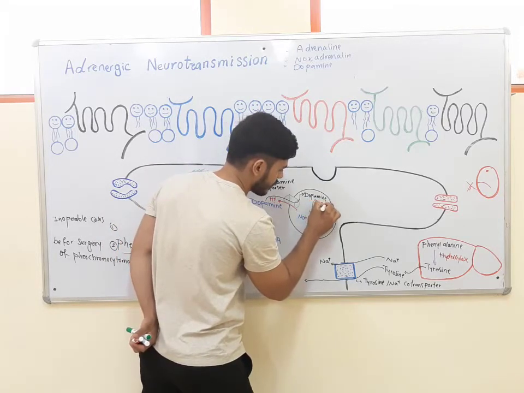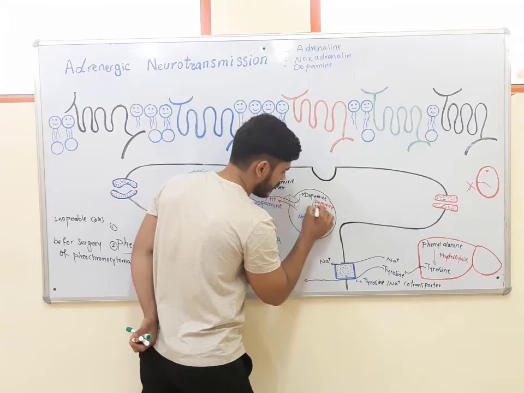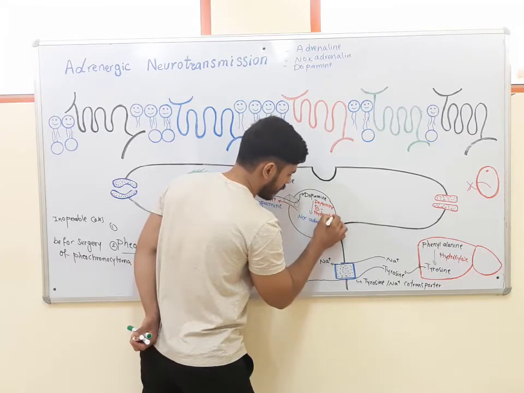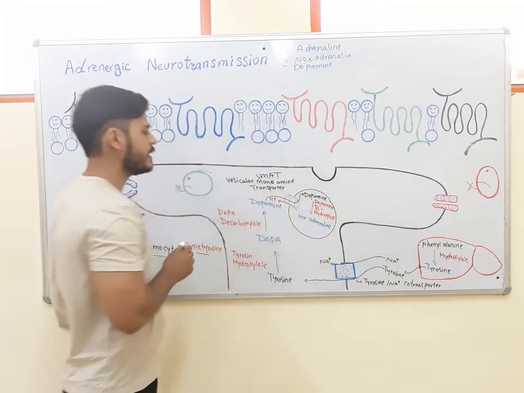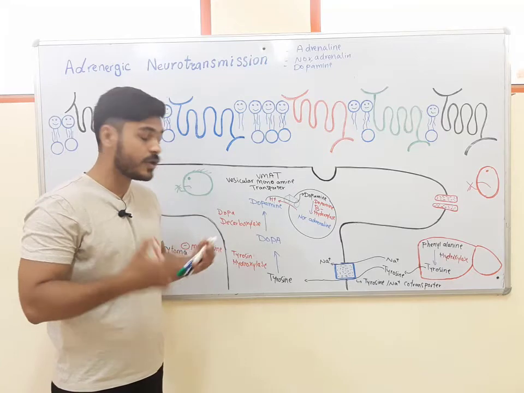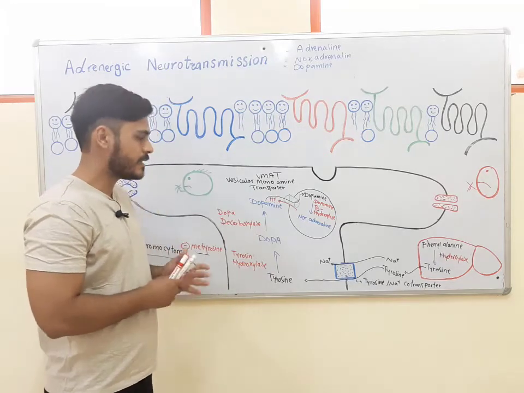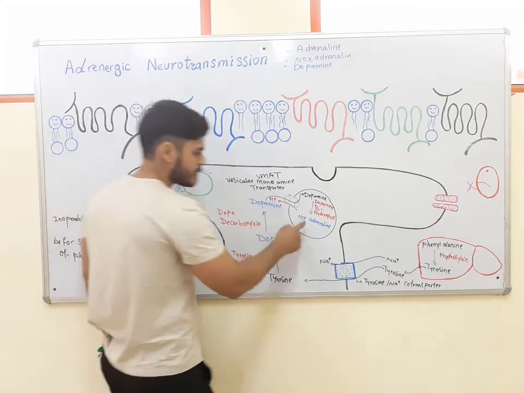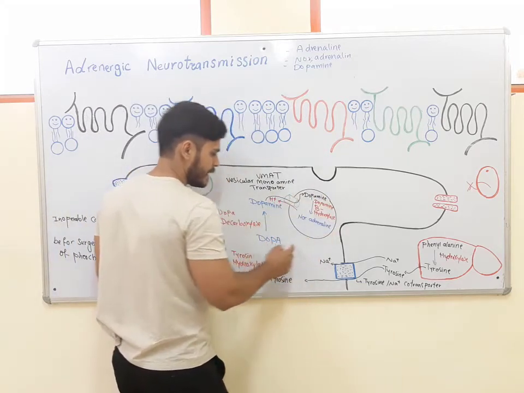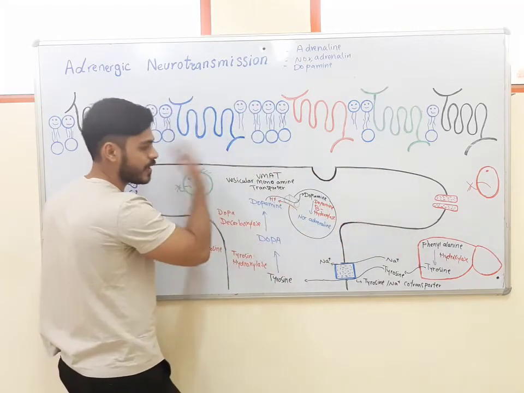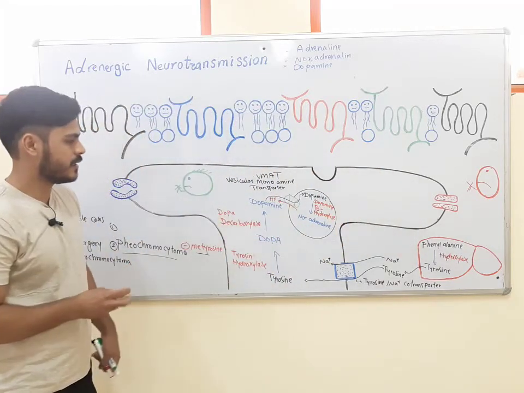Dopamine beta hydroxylase converts dopamine to noradrenaline. This noradrenaline is the main neurotransmitter in the adrenergic fibers or adrenergic neuron, and we store it in the vesicles of the nerve terminal of the adrenergic neurons.